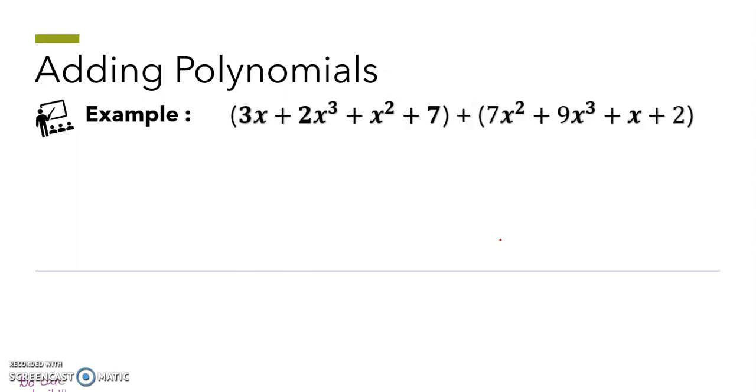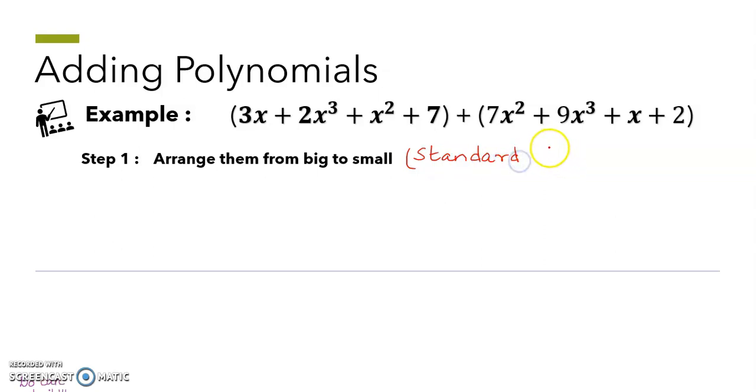This is an example for you to add polynomials. Whenever you are given a polynomial, always remember step 1 is arranging them from big to small, which is to bring them to standard form. Whenever you are asked to add, always first bring them to standard form.